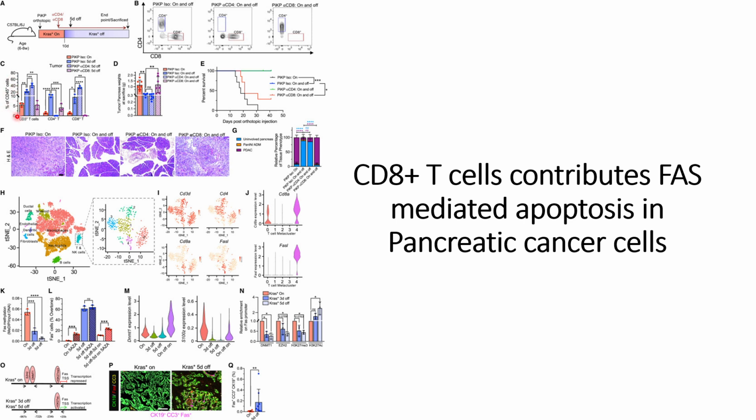They can see that when the KRAS mutations are on, there is a smaller number of CD3 plus cells compared to when the KRAS mutations are off after 5 days. When they use the alpha CD4 antibodies, they see a further increase in the CD3 plus populations. However, when the CD8 plus cells are depleted, they see a decrease in the CD3 plus populations.